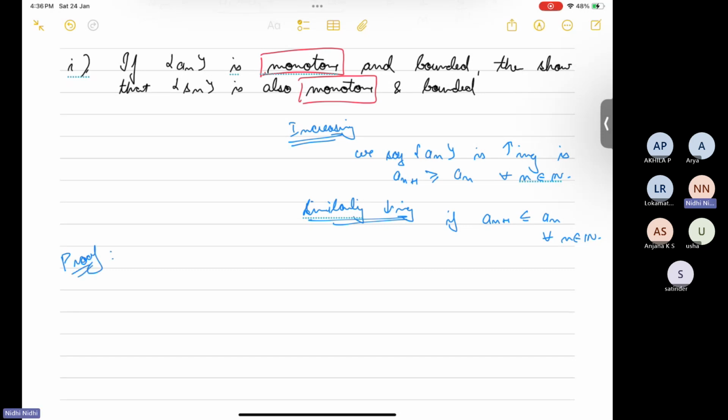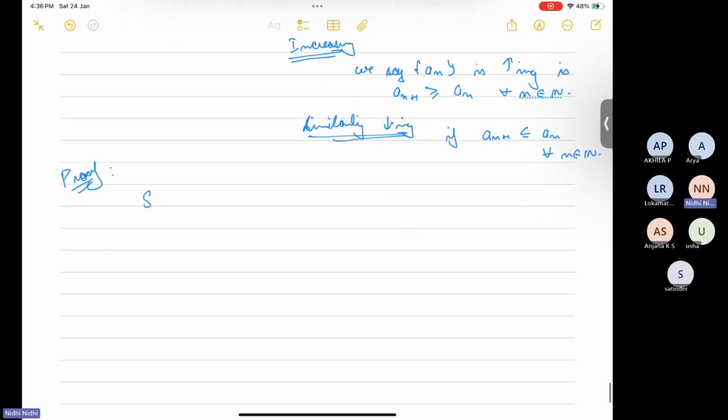So without loss of generality, I'll start with the fact that an is increasing. Similarly, you can do things for decreasing sequences. Suppose an is an increasing sequence.